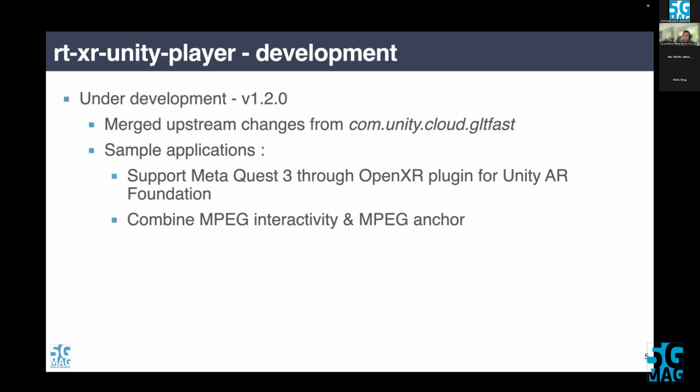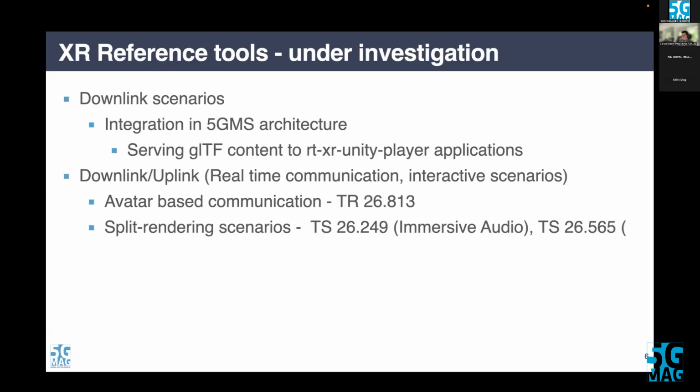One of these applications will cover MPEG interactivity and MPEG encore. Now, the scenarios that we have under investigation are not currently planned with a specific release roadmap, although avatar-based communication is a high priority topic at the moment.